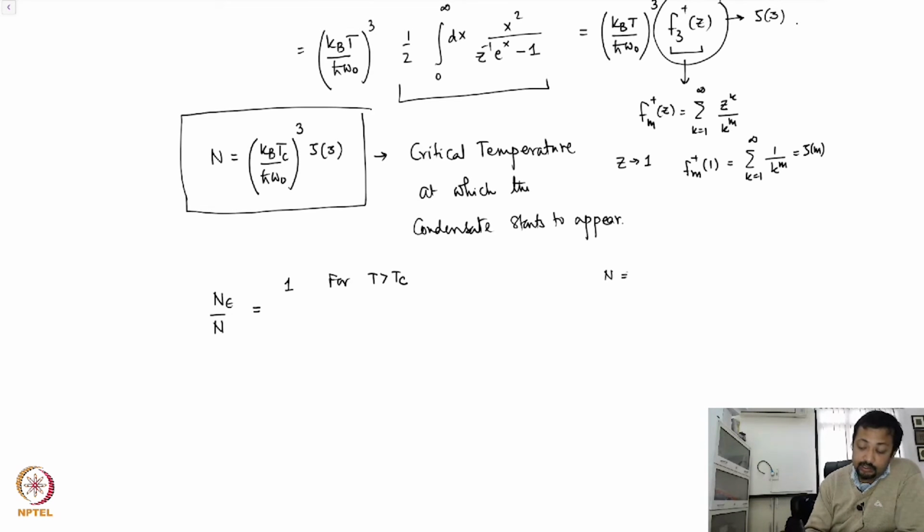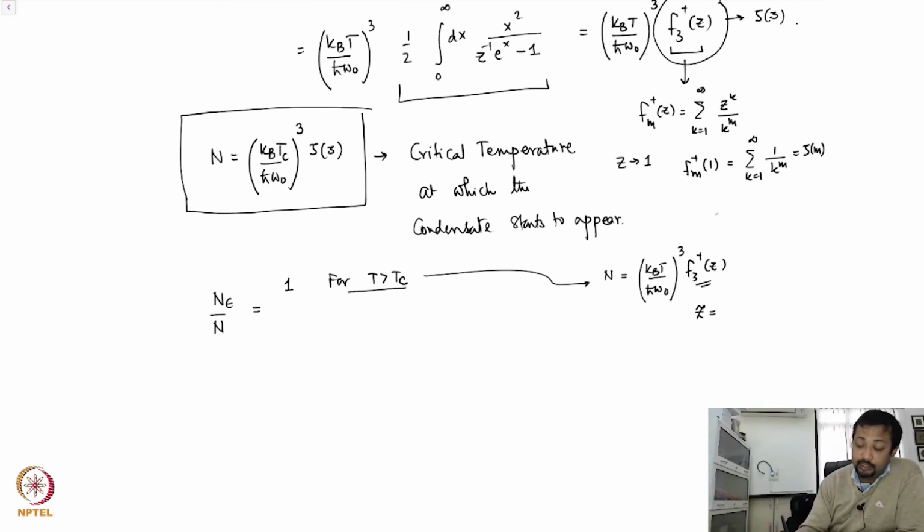So once again, when you have high temperatures, you will have N equal to (kBT over h bar omega naught) whole cube times F3 of Z. In this case, this equation is valid, and you have to determine the fugacity from this relation, and that effectively tells you that Z is to the lowest order.